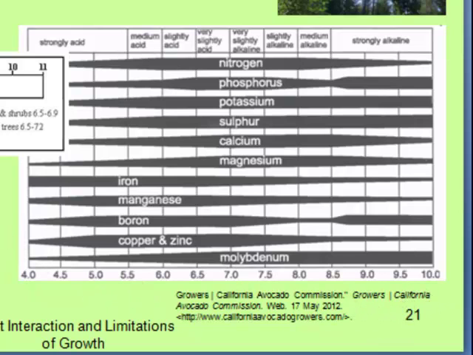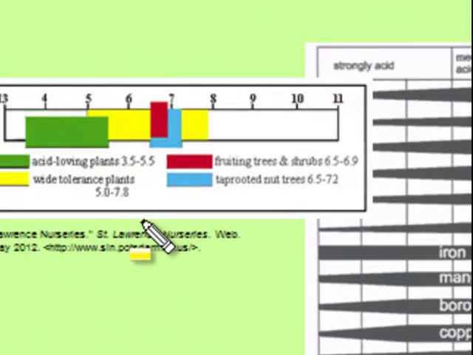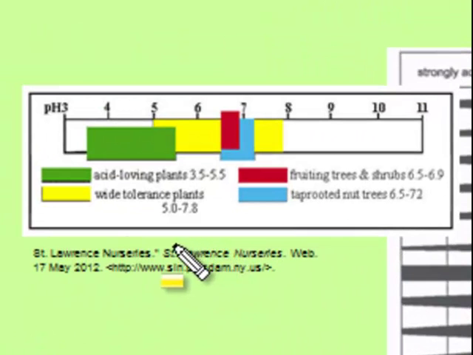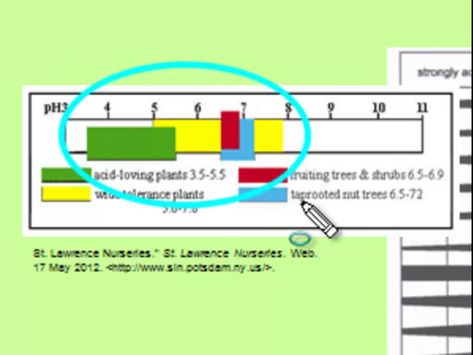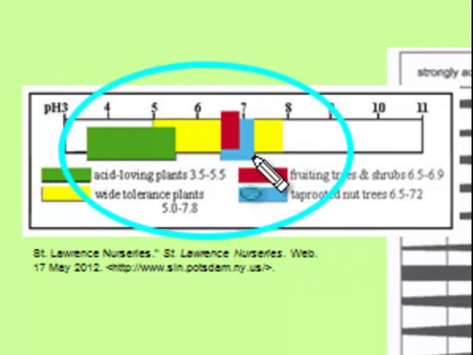Well, if you look at this diagram here, trees generally grow between 4 and 8, the pH. That's generally where they grow. And so you can see here, that's the key area.